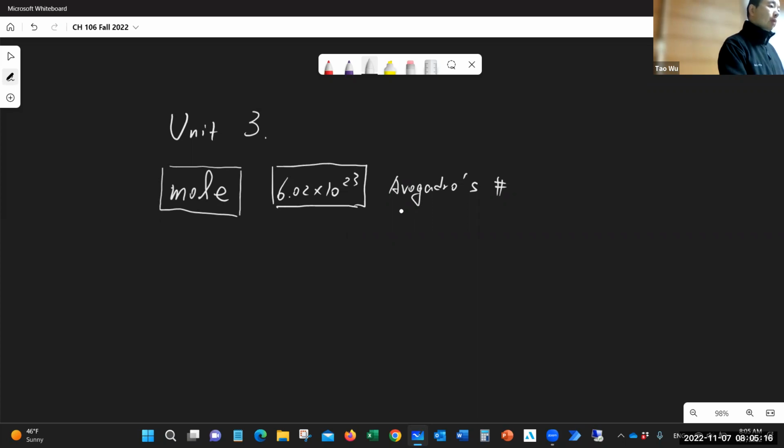Once you have 1 mole of those compounds, it doesn't matter whether it is an ion, atom or molecule, you can use the average atomic mass in the periodic table to figure out the molar mass of the elements. So the molar mass is another concept we talk about.